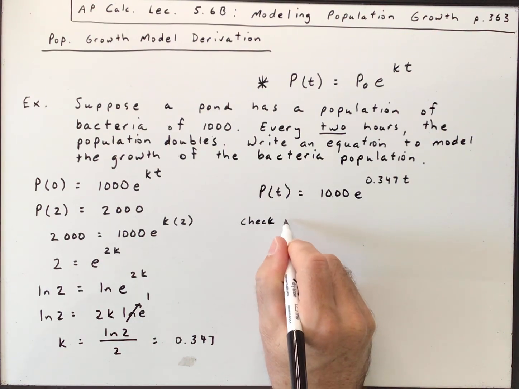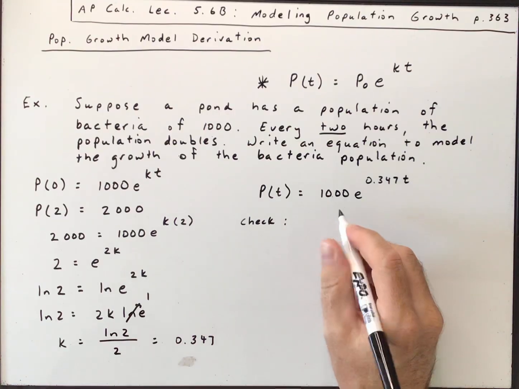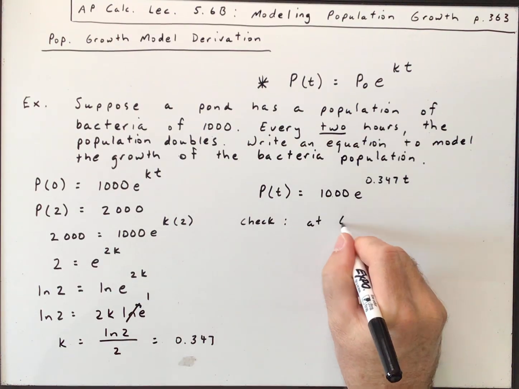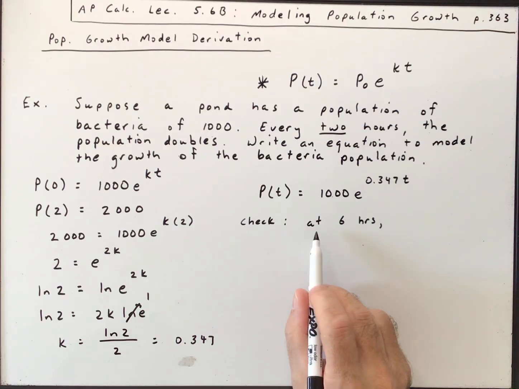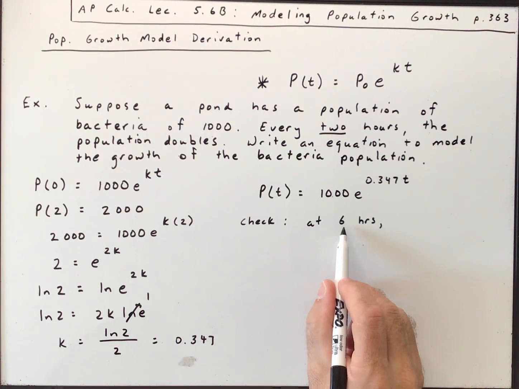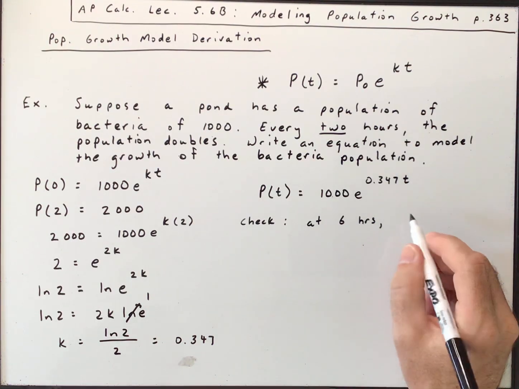We'll test it out. We know that at 6 hours, that means it's gone from 1,000 to 2,000 at 2 hours, 2,000 to 4,000 at 4 hours, 4,000 to 8,000.